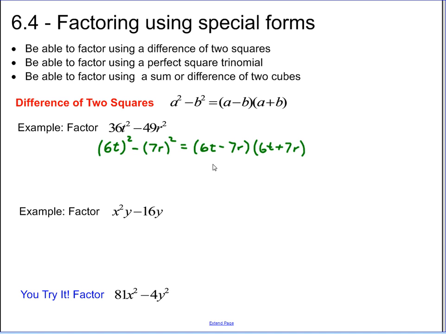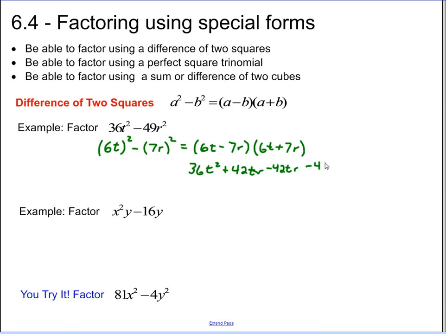As you can see, we could check this by doing a direct multiplication. If you wanted to use the FOIL method, certainly you could. 6t times 6t is that 36t squared that we started out with as our first term, but then 6t times 7r would be plus 42tr, and the second term would be minus 42tr, and in the last term we'd have minus 49r squared.